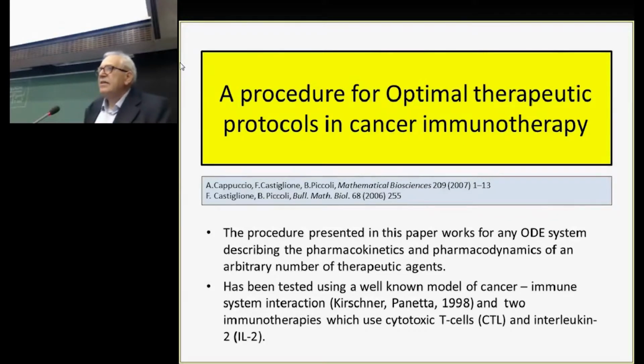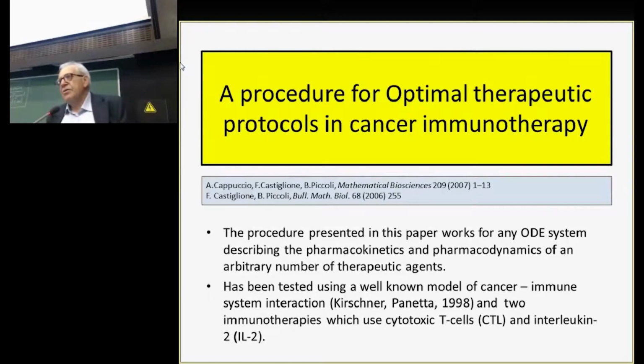And then they give an example of the general approach using a model of tumor growth and interaction of tumors with the immune system, which is a model on the market since '98. It's the well-known Kirschner-Panetta model.